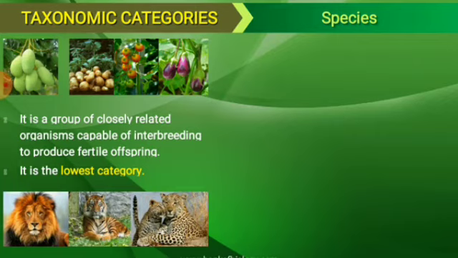We can see some cases where interbreeding is done between organisms of different species, like the case of the mule, which is the result of interbreeding between the horse and the ass, which results in the formation of the mule, an infertile organism.